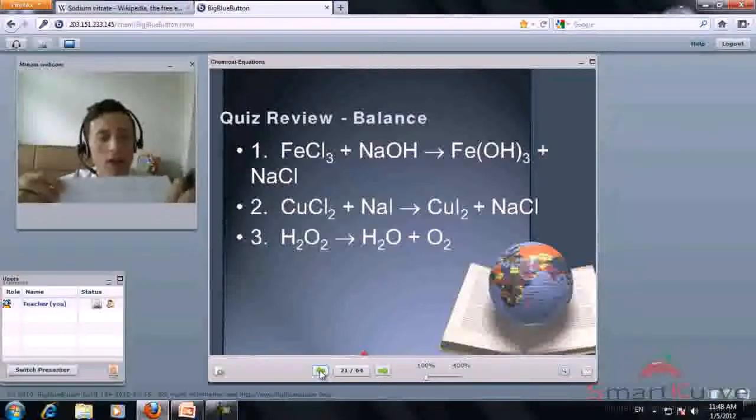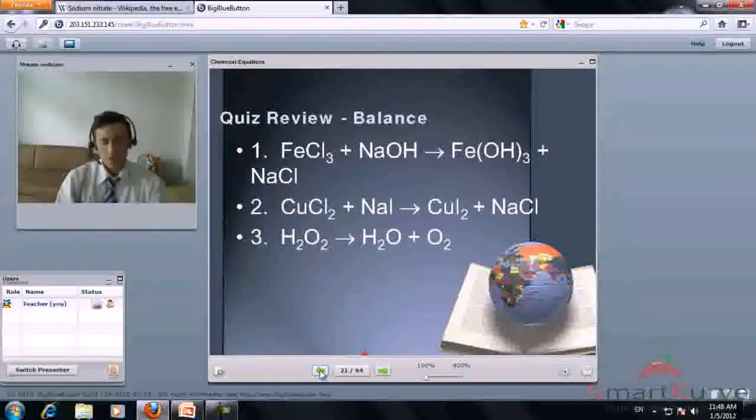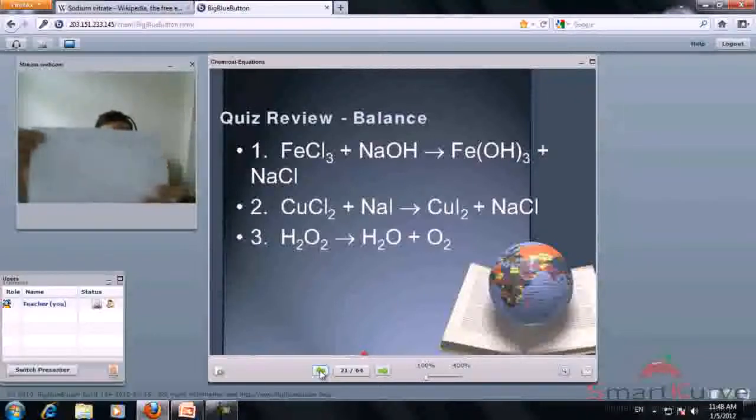In this equation, we have FeCl3, iron chloride, plus NaOH, that's sodium hydroxide, yields iron hydroxide and sodium chloride. This is actually a fairly common chemical reaction. Here, our iron chloride, this is like a green or reddish crystal.